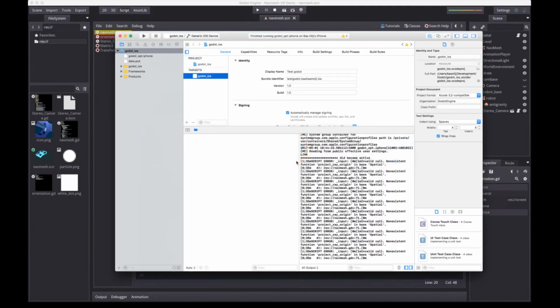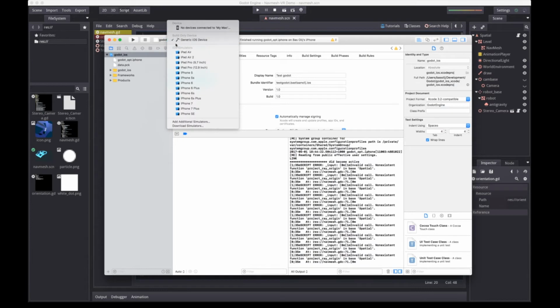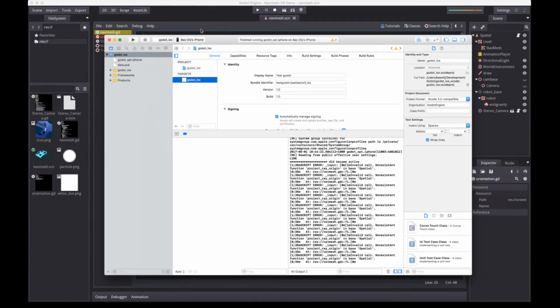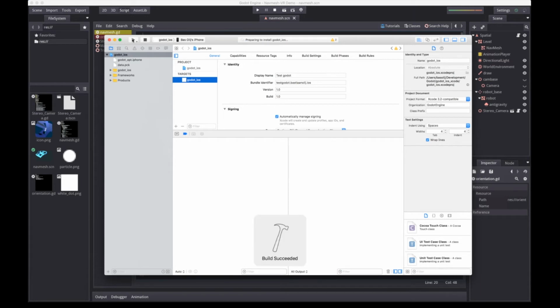Then we need to go to our good friend Xcode, which I've already loaded up with our project, and update our iPhone. Let's wait a second until that is connected. There we go. Okay, let's go and run that.